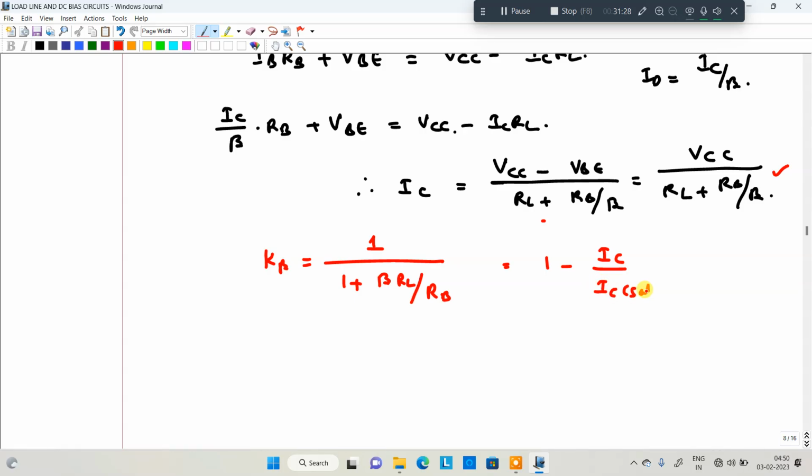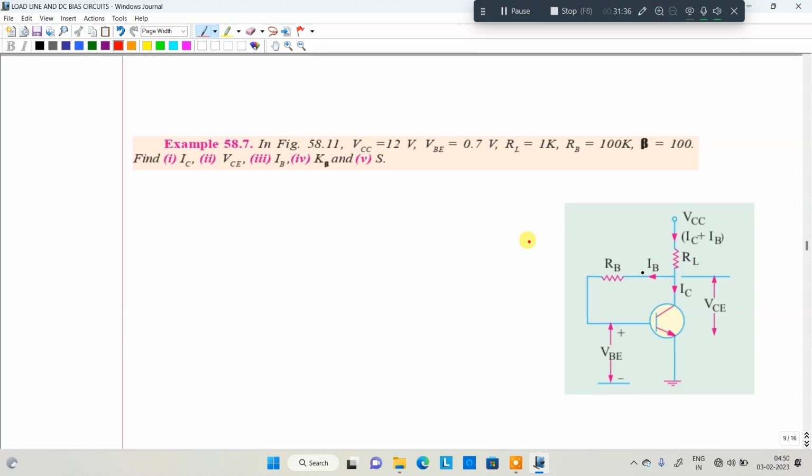That is the same thing, so if you forget one, we can apply the other. Now let's look at the problem. In the figure shown, VCC is 12 volt, VBE is 0.7, RL is 1K, RB is 100K, and beta is 100. Find IC.